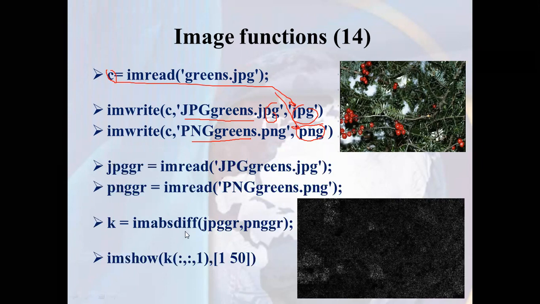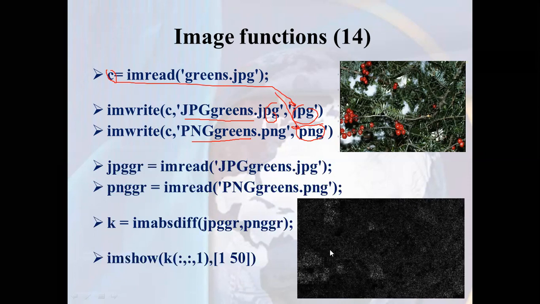We make the absolute difference between the two images. And this image K is showing that if these two images have the same values, the difference will be 0 and we'll obtain a dark image.